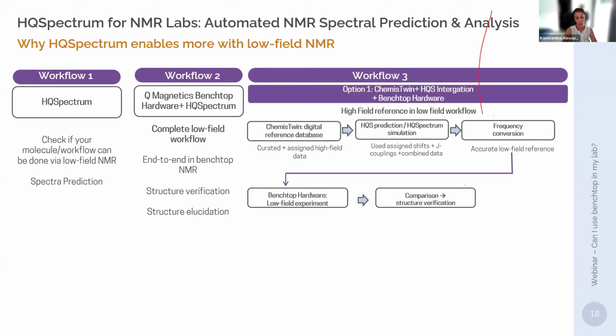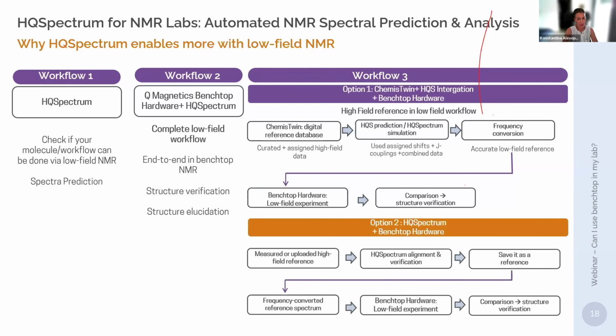And then HQS Spectrum combines this data with its own prediction methods to generate low field reference spectra, which you can then use directly and compare with benchtop measurements for automated structure verification. In the second option, HQS Spectrum acts as a standalone platform.